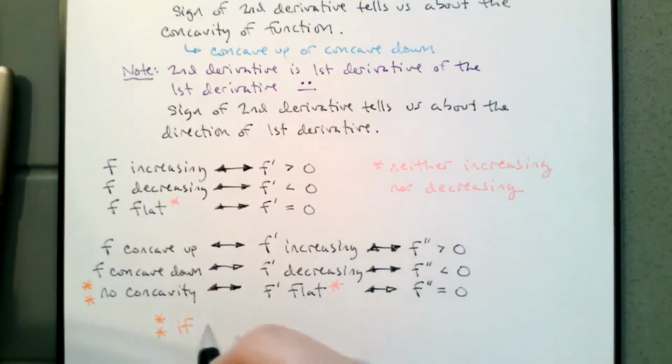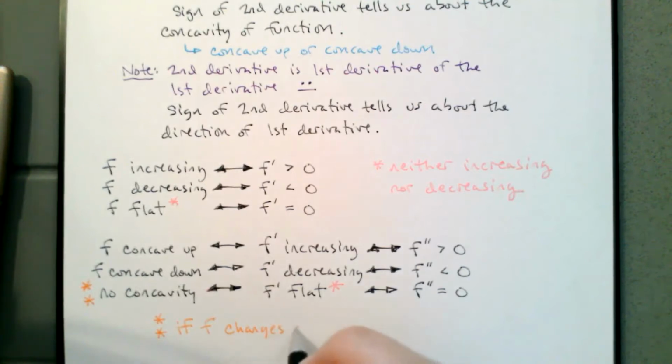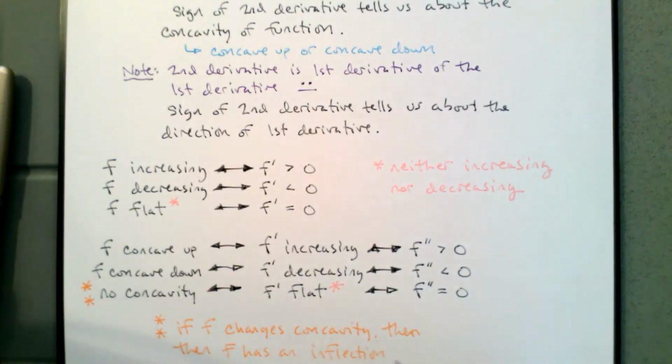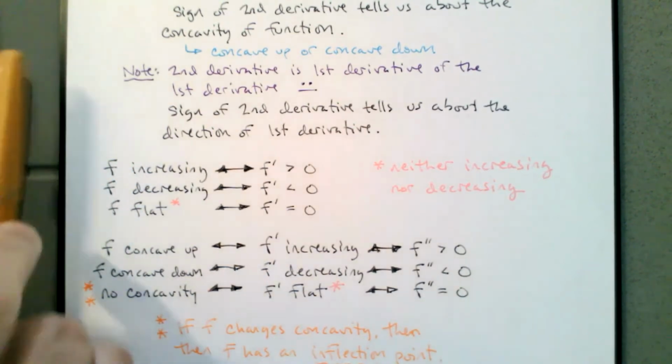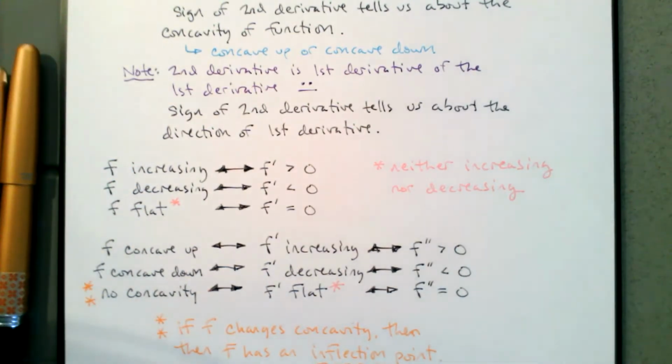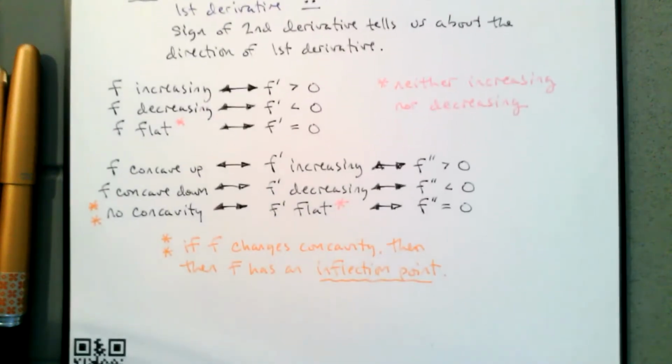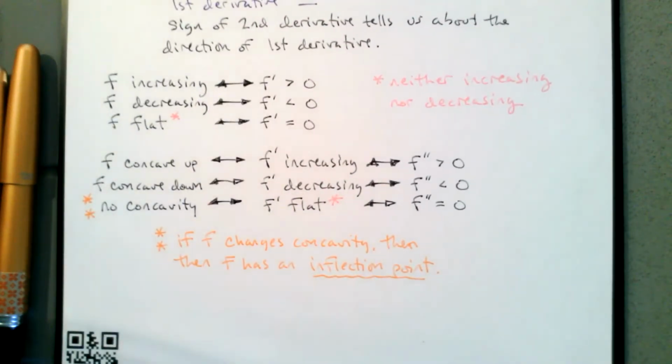If f changes concavity, then f has an inflection point. We call a point on a function where the function is changing concavity an inflection point.